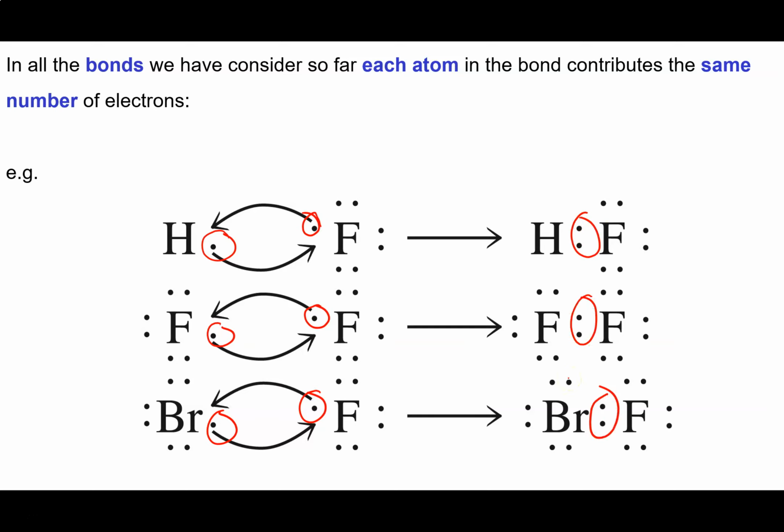Remember that chlorine is in group 7A, and because it has only 1 octet vacancy, we normally expect it to be at the end of a chain of atoms. It's not normally in the middle of a chain of atoms, and in this case it is. That is often a big hint that we've got something like coordinate covalent bonding occurring.